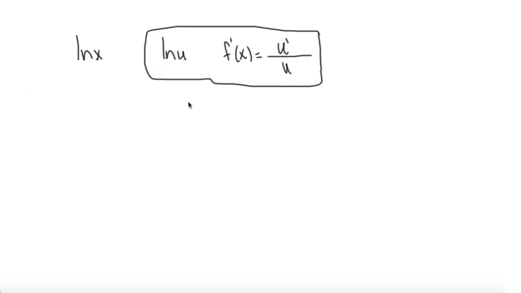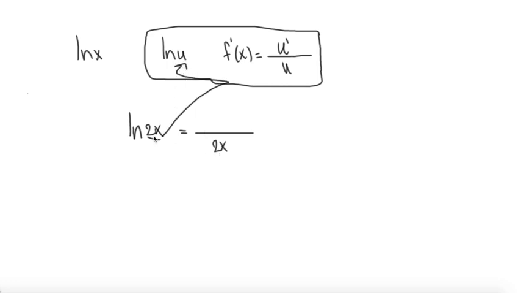For example, when we have ln of 2x, then we need to keep the 2x as u, because this is in the place of the u.